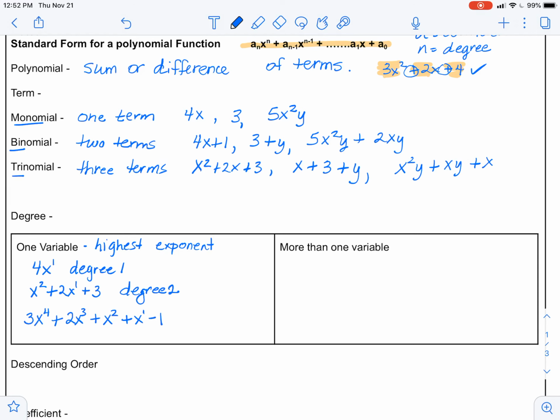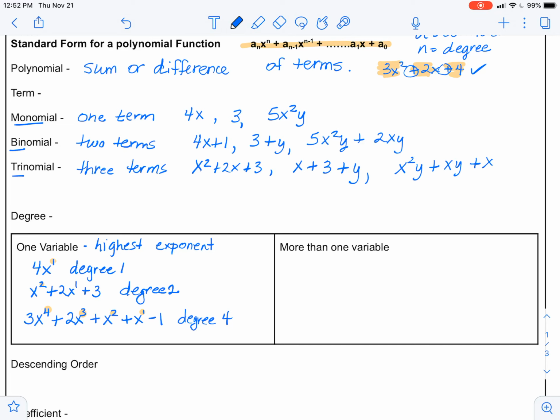When I look at all those exponents, I've got a 4, a 3, 2, and a 1. That's what I'm comparing, those exponents. The highest there is the 4, so this is a degree 4.